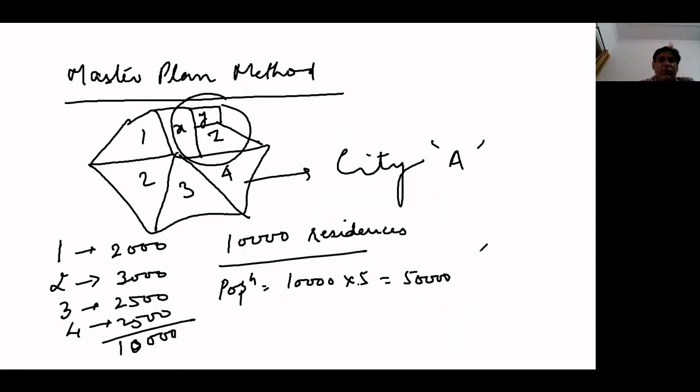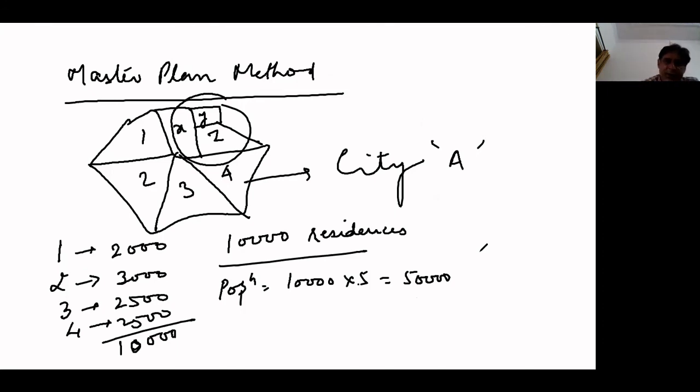Then we took up the master plan method. The master plan method says that the city has been divided into several zones, and zone-wise the number of residences is calculated, and taking a thumb rule of say 5 individuals in a particular residence, we can calculate the present population.